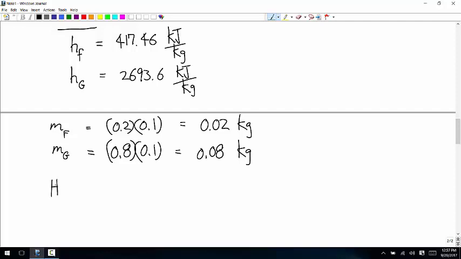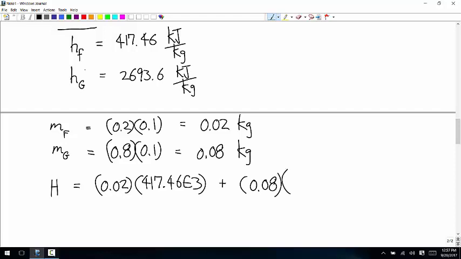And so then the total enthalpy is the mass of the liquid times the specific enthalpy of the liquid, plus the mass of the gas times the specific enthalpy of the gas, and you get 223.84 times 10 to the third joules.